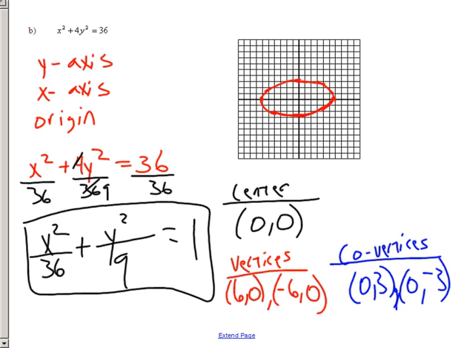Notice that the ellipse is symmetric about the y-axis, the x-axis, and the origin. If it doesn't look like the origin, when something is symmetric about the origin, you not only flip it, but it turns and twists as well.